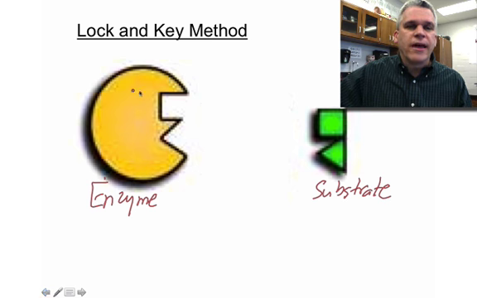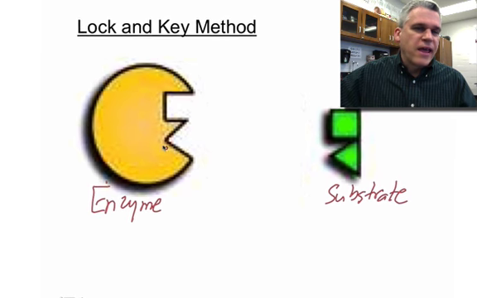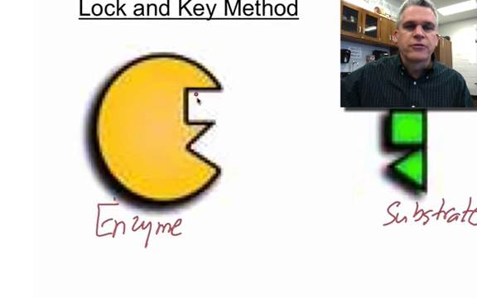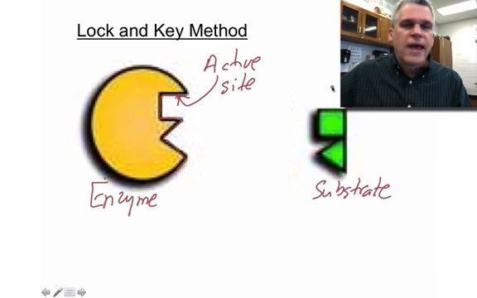Notice how the enzyme has this nice three-dimensional shape, but there's one part that, right here, I'm going to highlight, that looks different from the rest of the enzyme. That is known as the active site.